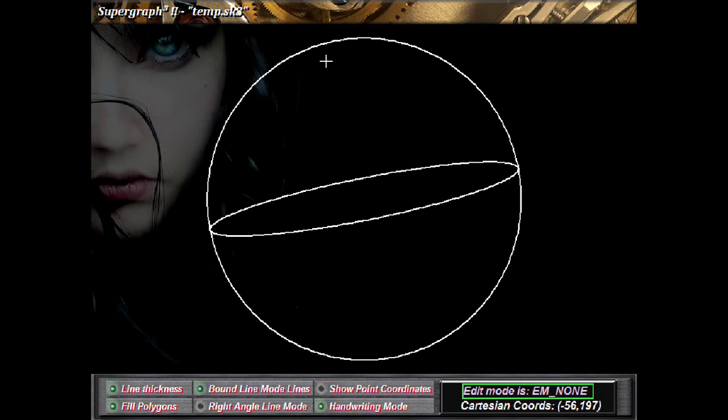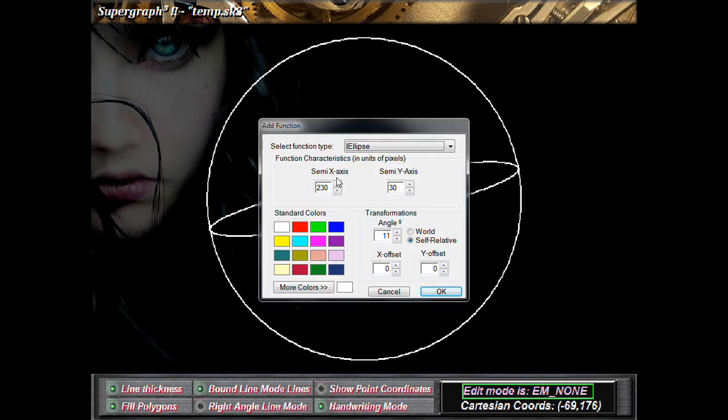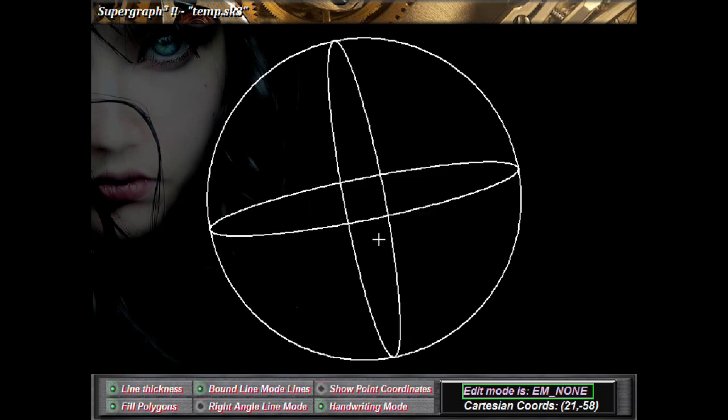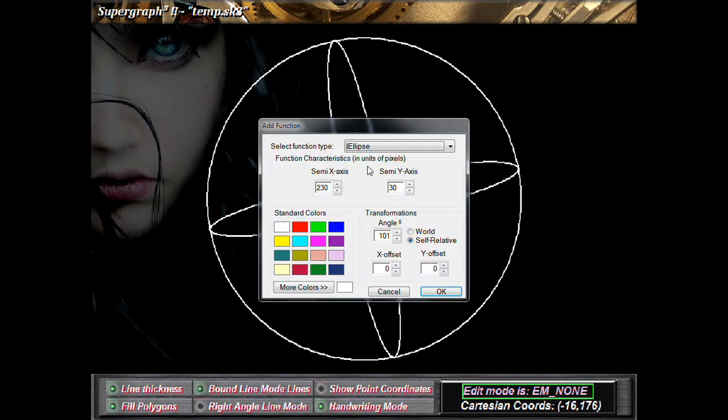There. Okay. Here's the equator. Now the lines of longitude, I guess they call it, could be given by ellipses. That would be 101, something like that, right? Like this. Here's a line of longitude. I'll try and make another one.